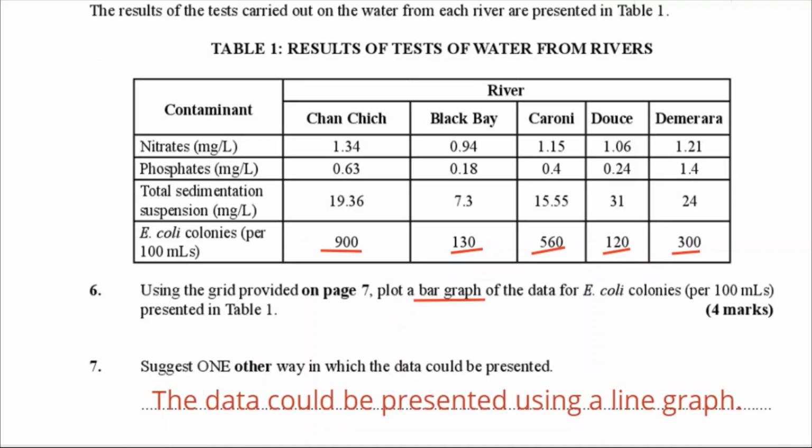Looking at the nitrates, you can see that the nitrates level for the Shanshich River is 1.34, Black Bay 0.94, Caroni 1.15, and so forth. So let's look at these levels. Are any of these acceptable?